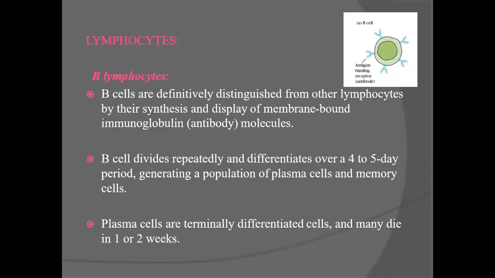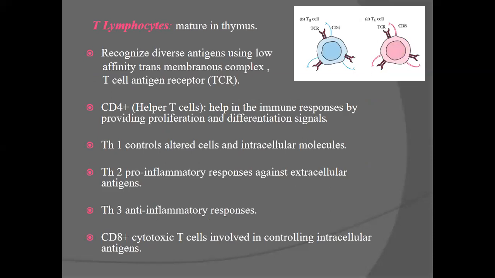Then you have got B lymphocytes and T lymphocytes. B lymphocytes are responsible for secreting immunoglobulins. Then you have got T lymphocytes, which mature in thymus. You have got Th1, Th2, Th3.